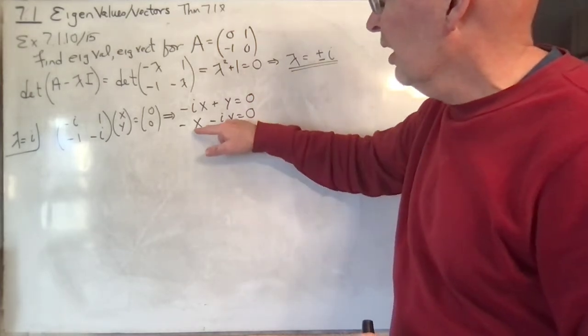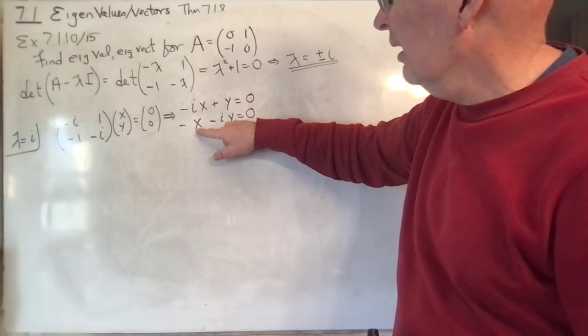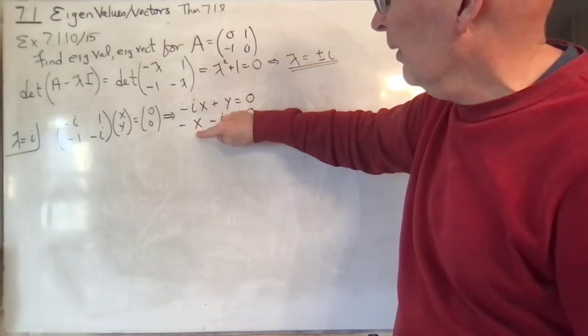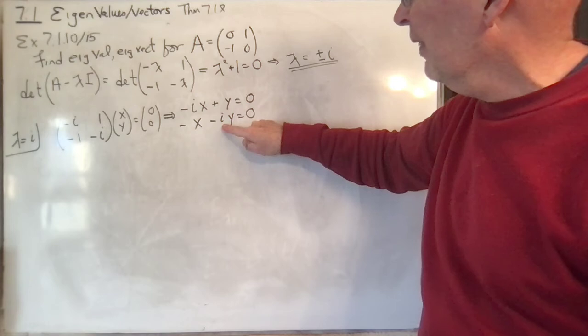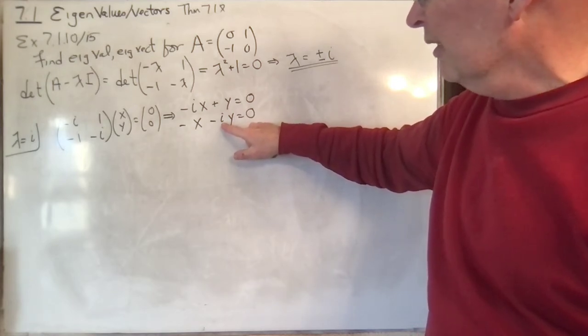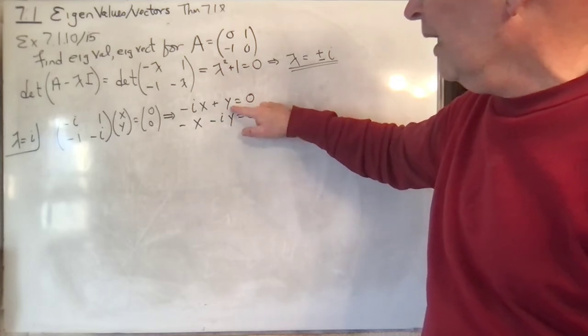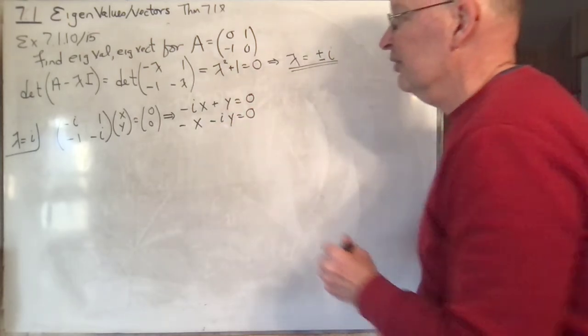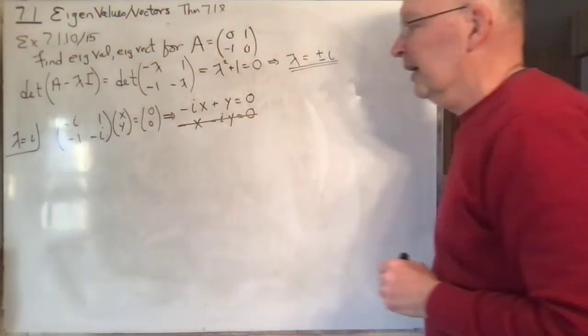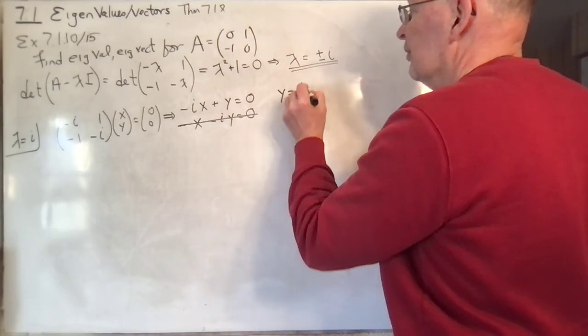Let's check it out. If I multiply the first equation by i, notice what I'll get. I'll get an i squared, which is -1, and then here's another negative. Negative times negative gives you a positive. So sure enough, one is just a multiple of the other, so I can just get rid of one of them again.